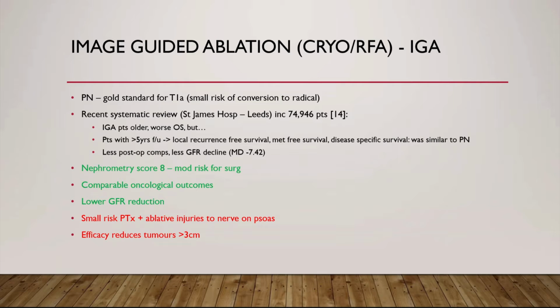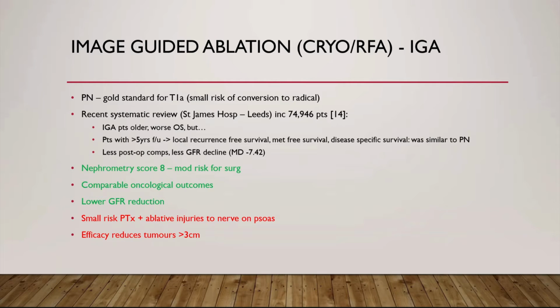And as we'd expect, the ablation patients were older and they had a worse overall survival. But if you compared them at 5 years follow-up with partial nephrectomies, their local recurrence-free survival, metastasis-free survival, and disease-specific survival was very similar. They also had less loss of GFR, so they lost about 7.5 GFRs less than patients who had a nephrectomy.